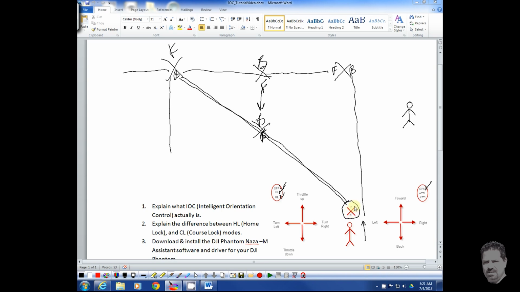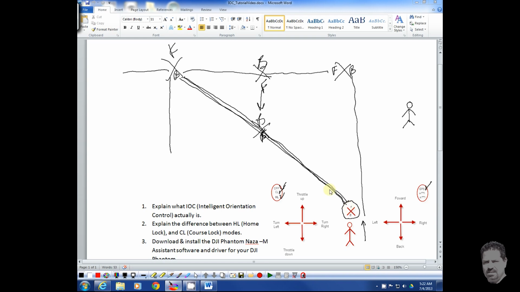The other potentially confusing thing is that if you're in home lock and you pull back on your throttle to get it back closer to home, and you stay on that back, and it comes within 10 meters of where the home position was, and you're still pulling back on it, it automatically switches from home lock to course lock.